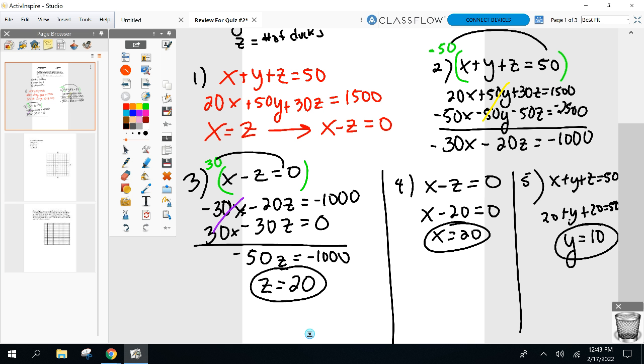And now I have negative 50 equals negative 1000. 50Z canceled out. And negative 1, and that'll be my negative 20.